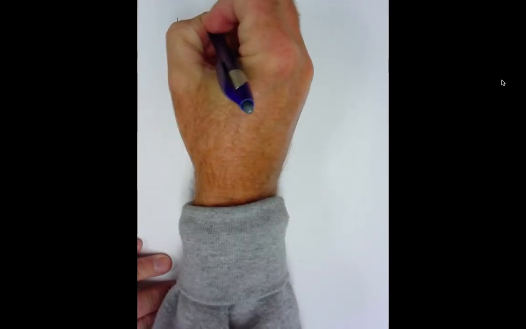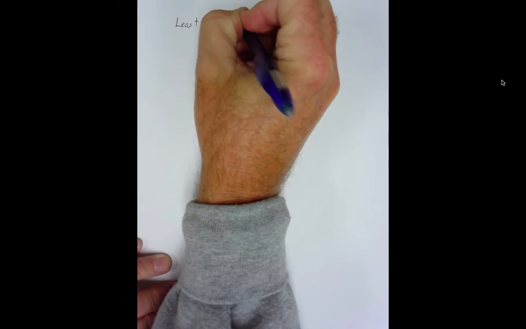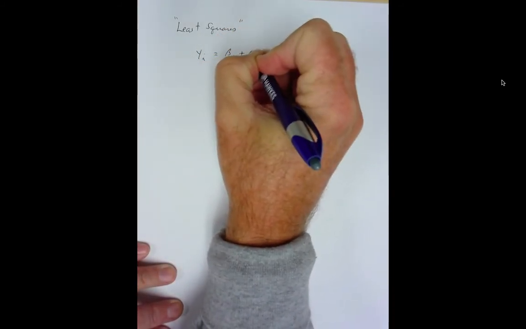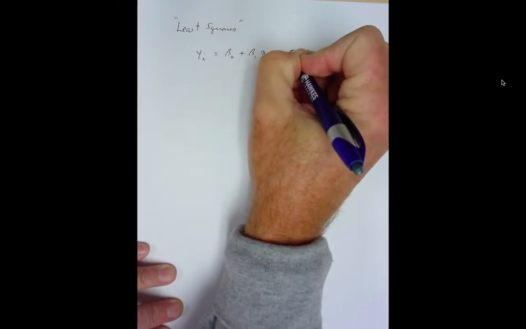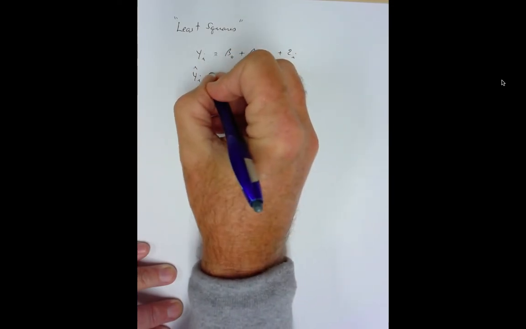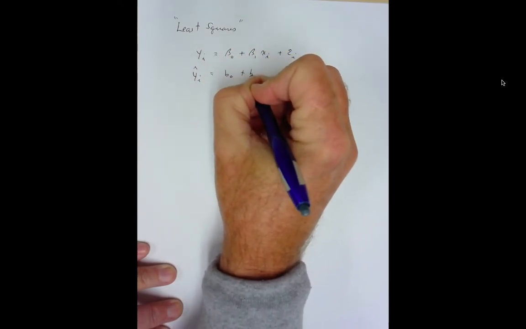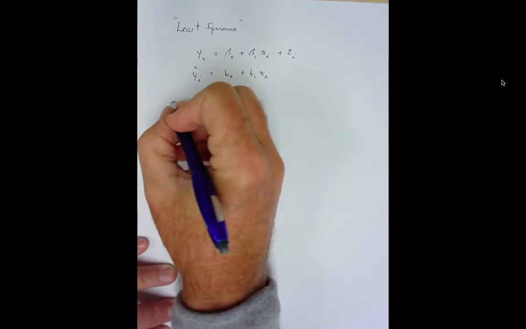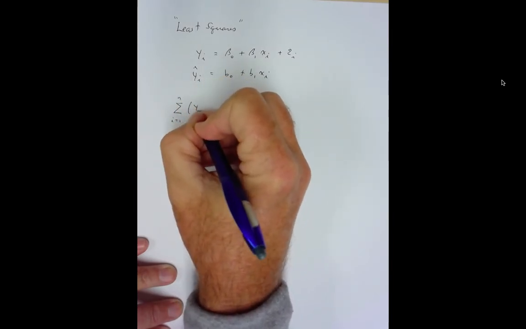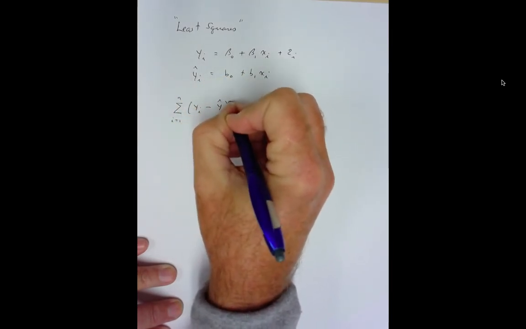Now, ultimately, guys, what's going on here is we use something, and you'll hear me say this a lot, called least squares. If we take y sub i equals beta 0 plus beta 1 x sub i plus our error term, and then we take y hat sub i to be our b0 plus our b1 x sub i, we can examine what the sum from i equals 1 to n of our y sub i's minus our y hats, quantity squared, would look like.